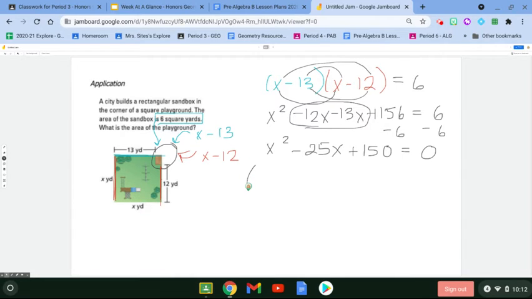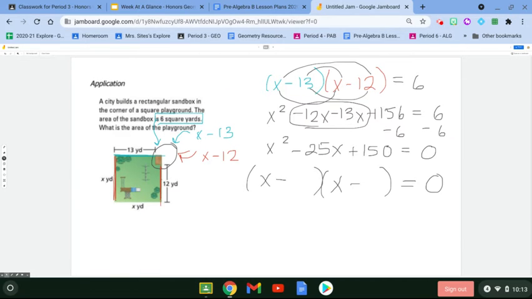So I'm going to break this apart. I'm going to split apart the x's. I know that this is going to be two of the same sign because I see a plus sign at the end and a minus sign with the b term. So I need to think of a combination of numbers that when I multiply them together give me 150, but when I add them together give me negative 25.